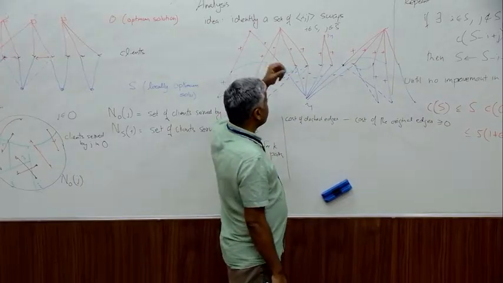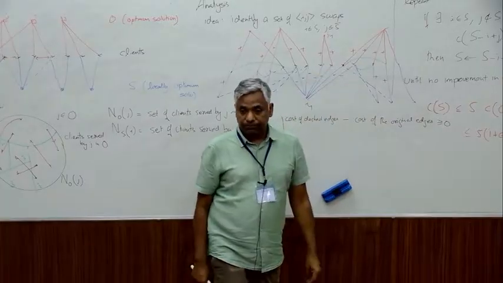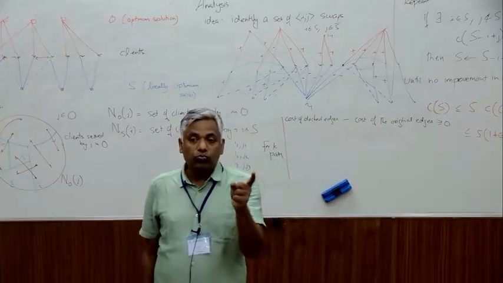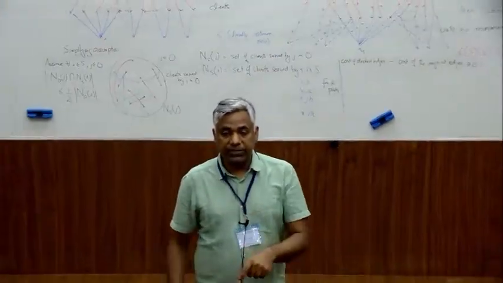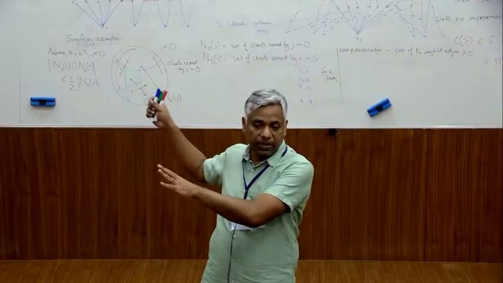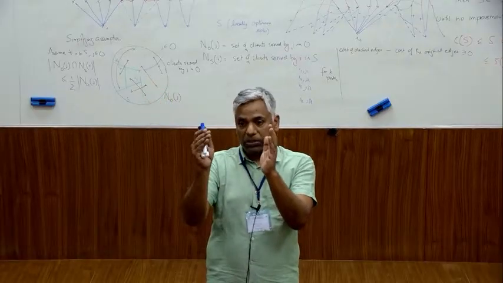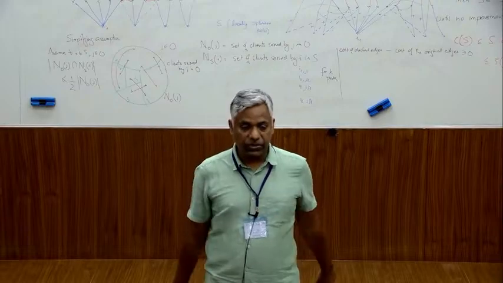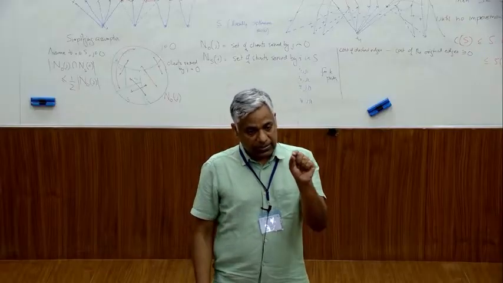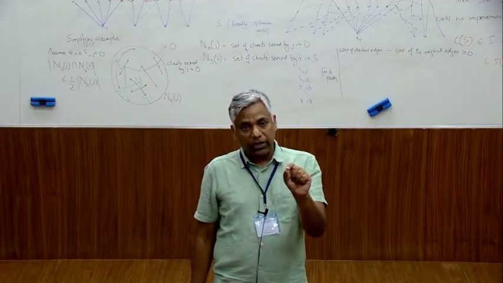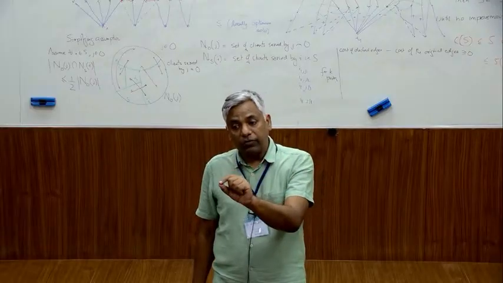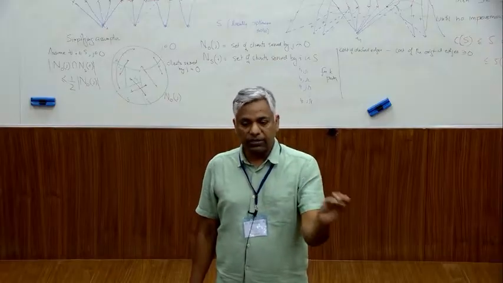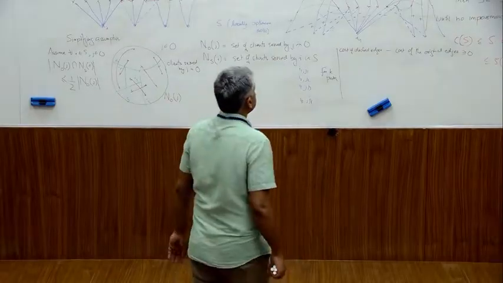But for all other clients, I'm going to send them to their mates, to whichever facility is serving their mates in that mapping. I created this mapping by looking at the balls corresponding to the facilities in the optimum solution, or the clients served by the optimum solution. I said each client is going to go together with its mate. Wherever the mate is going, this client is also going to go.